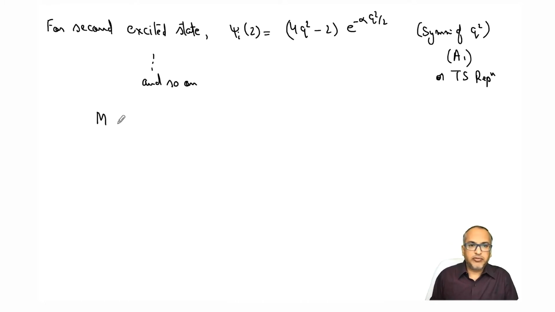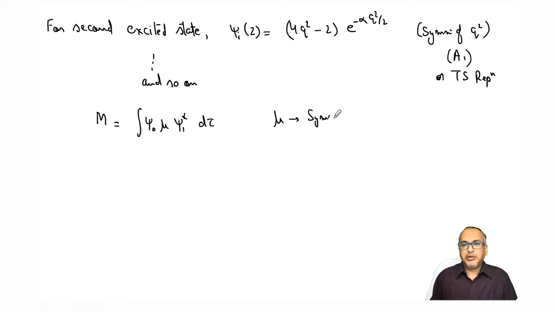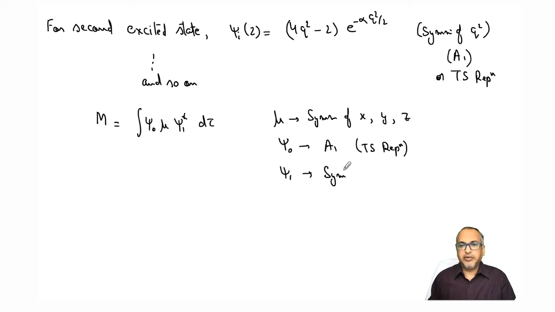Our integral is of the form psi 0 mu psi 1 star d tau. Now mu has the symmetry of x, y, z. Psi 0 is A1, the totally symmetric representation, and psi 1, if it is the first excited state, has the symmetry of the normal mode.